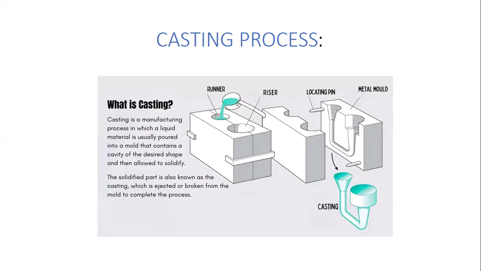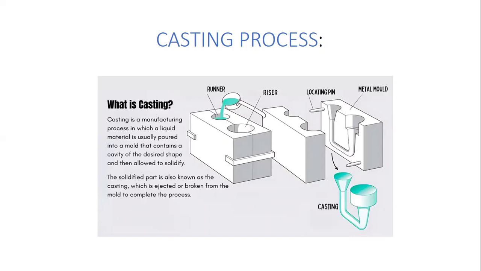Finally, the solidified part is taken out from the molded die. So this is called the final casting. In order to complete the entire process, finally the final product will be ejected out of the mold cavity.